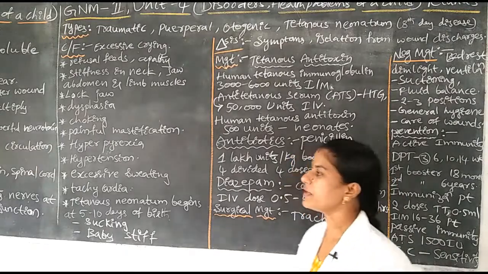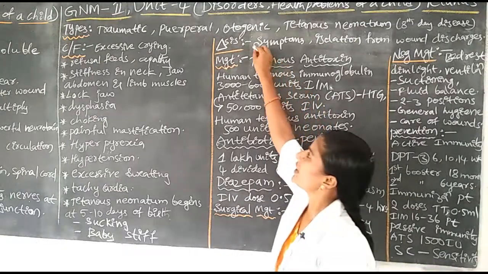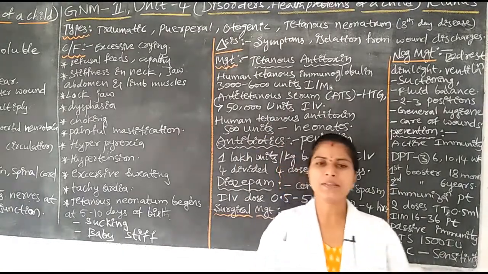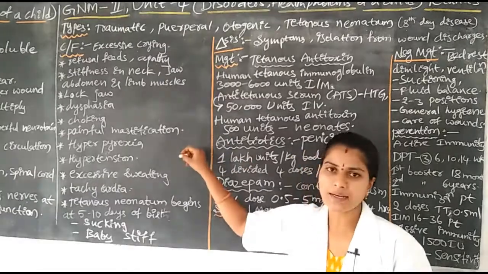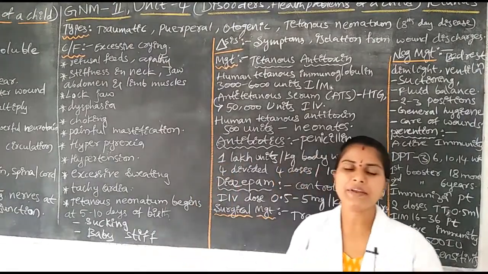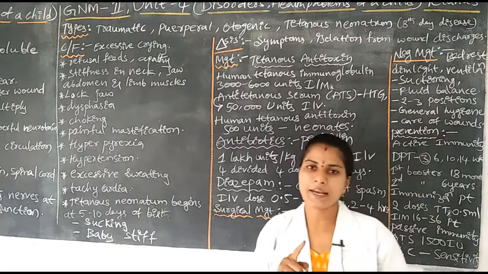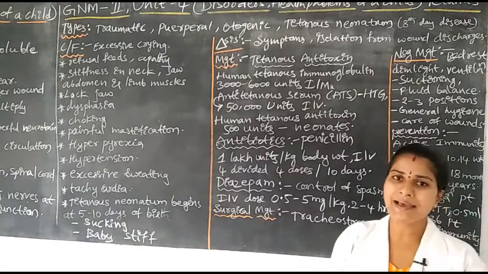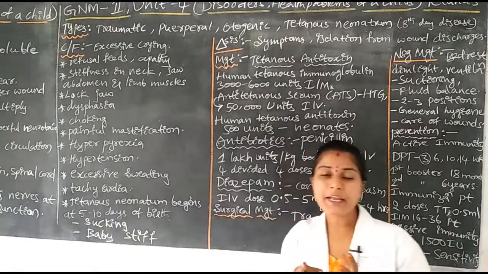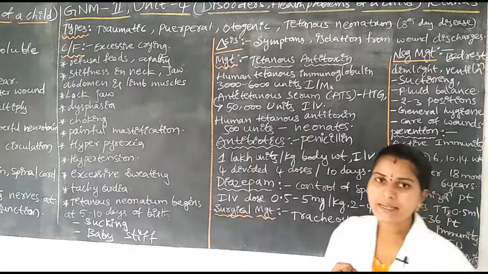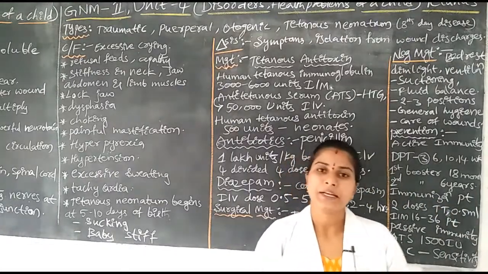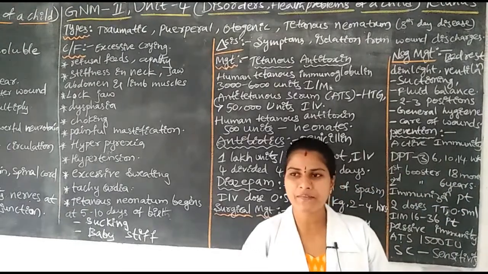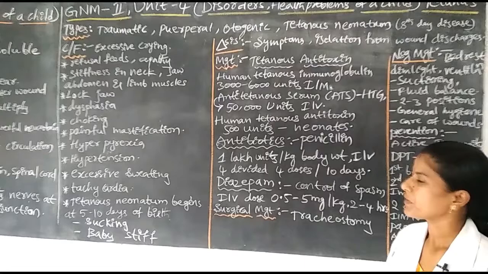Next we are going to discuss diagnosis. How do we diagnose that a child is affected by this disease? Depending upon the clinical manifestations or clinical features. If the child has lockjaw, stiffness in the neck, abdominal muscle spasm, choking, or any mastication problem, depending upon the symptoms we identify that the child is suffering from tetanus.